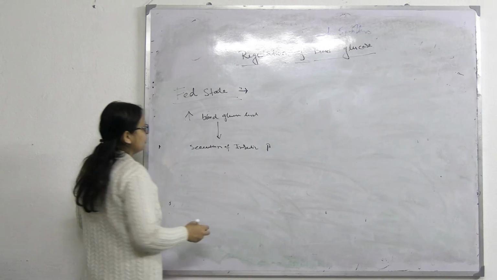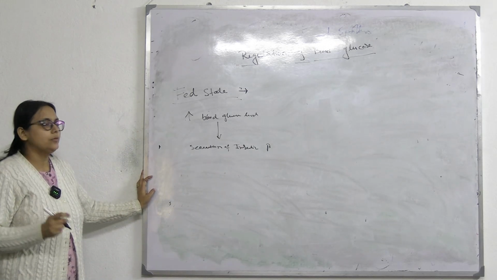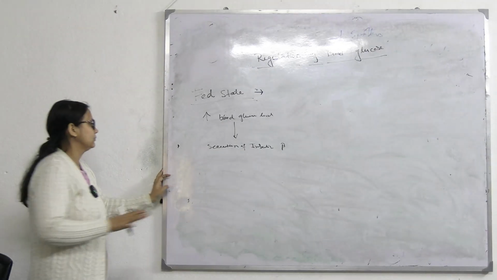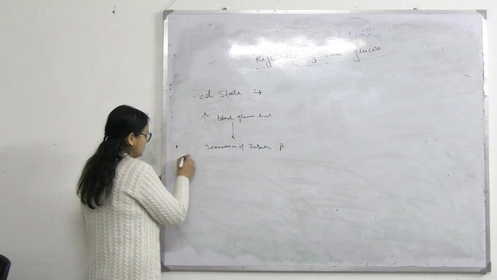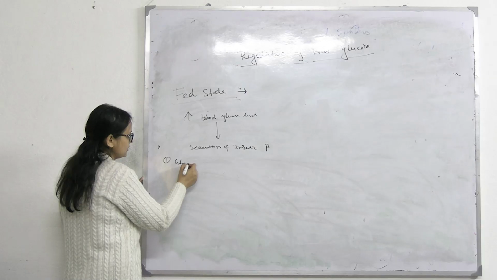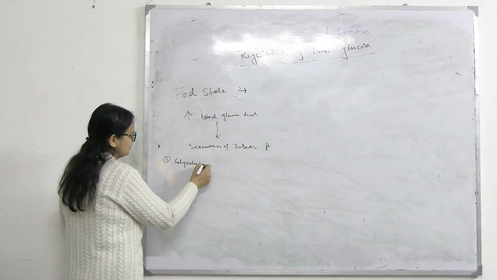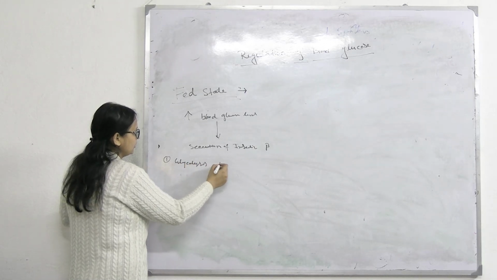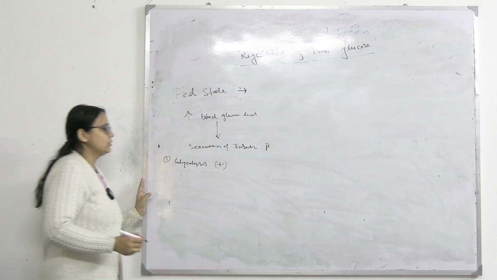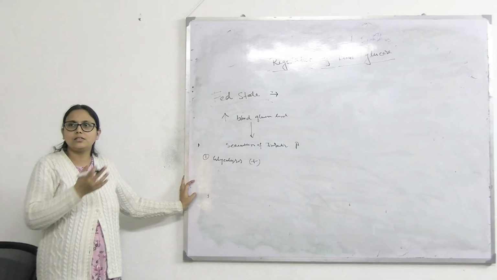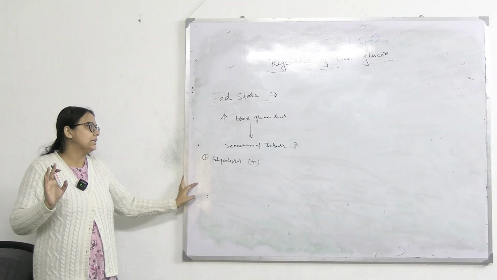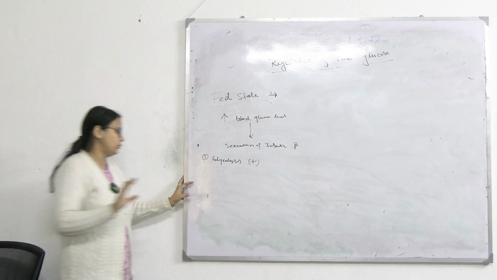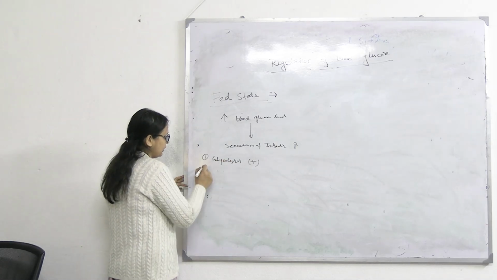And the insulin will show its action over the various metabolic pathways. So what are the changes? For glycolysis, it will activate the glycolysis so that the glucose can be utilized by every cell and it is cleared from blood.